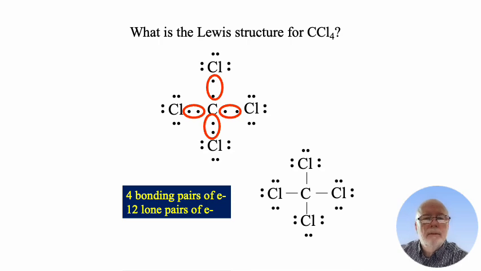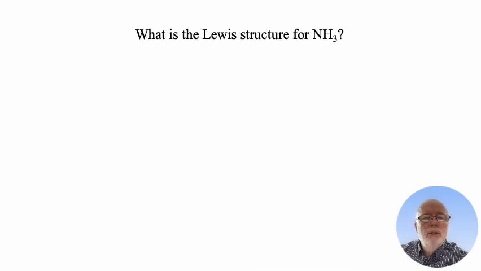Let's try another one. What is the Lewis structure for NH3? NH3 is called ammonia. So here's my nitrogen atom with 3 lone pairs of electrons. And I bring in my hydrogen atoms. Now this is why it's important that you write those electron dot symbols correctly. Otherwise you won't be able to get the right number of bonds.